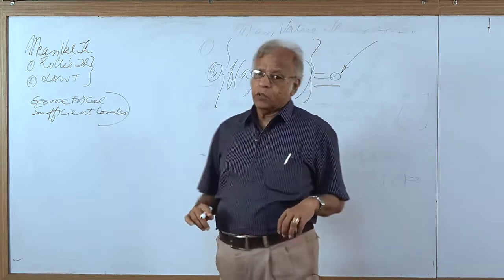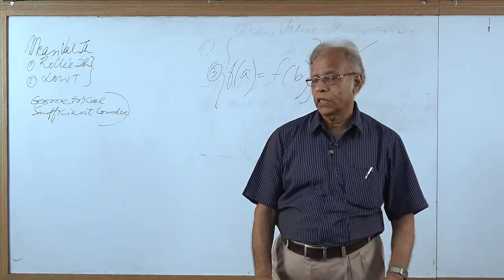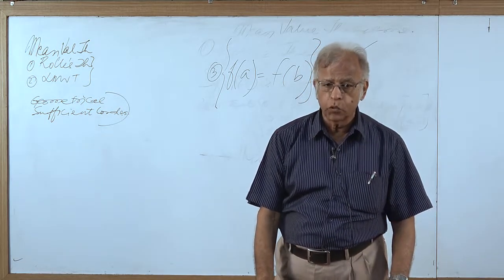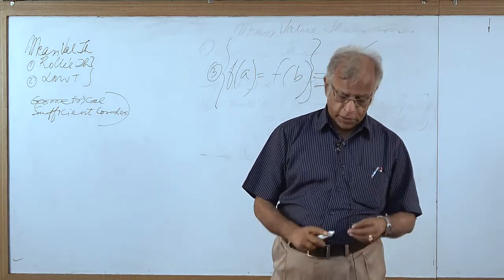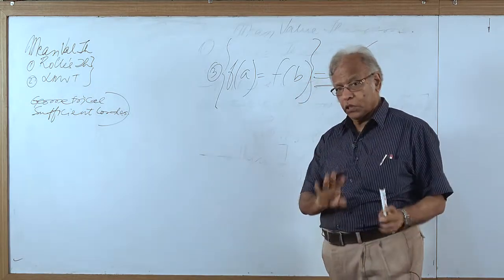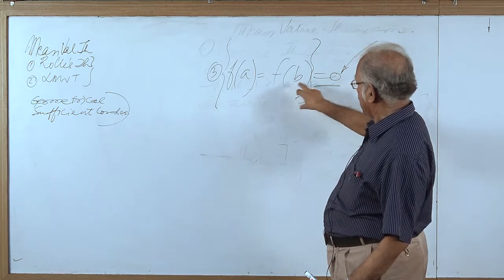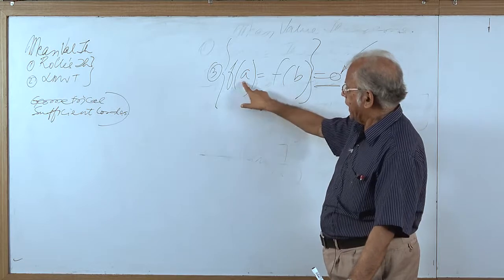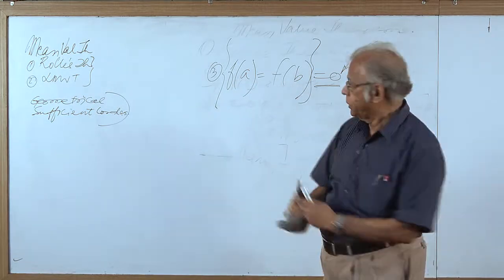We must remember that Rolle's theorem originated from a study of the theory of equations, where the main focus is to find roots of functions, mainly polynomial functions. So at one point of time, when the theorem was originally stated, it was said that f(a) must be equal to f(b) equal to 0. In other words, for f(x), a and b were the roots of the equation f(x) equal to 0.